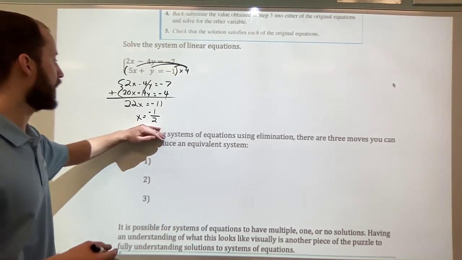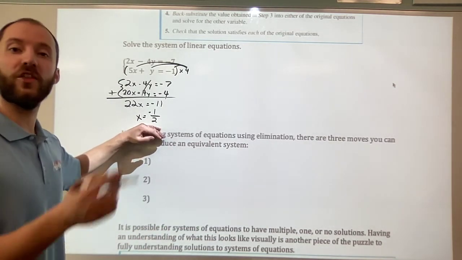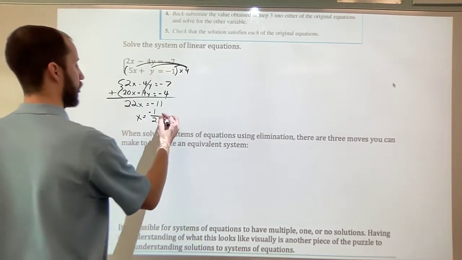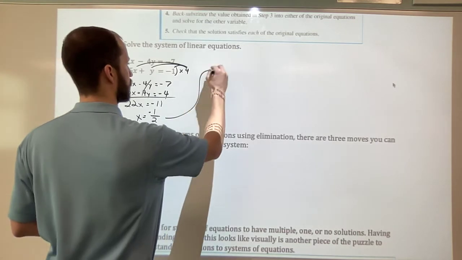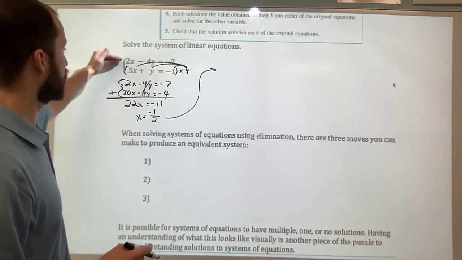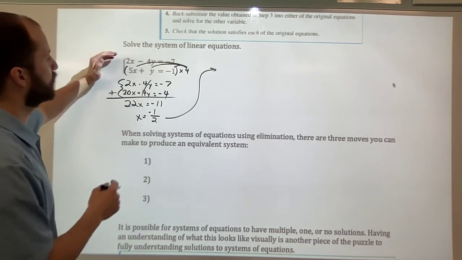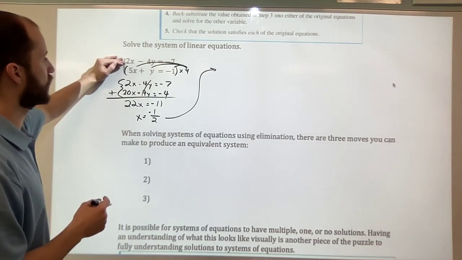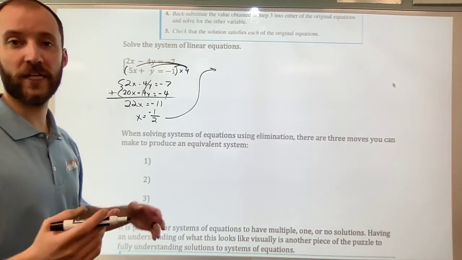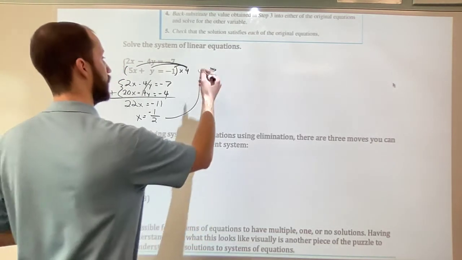Then that x value, you plug it into either equation and you solve for y. So let's plug it into the first equation, because multiplying by an even number versus multiplying by an odd. Kind of pick and choose our battles, okay?